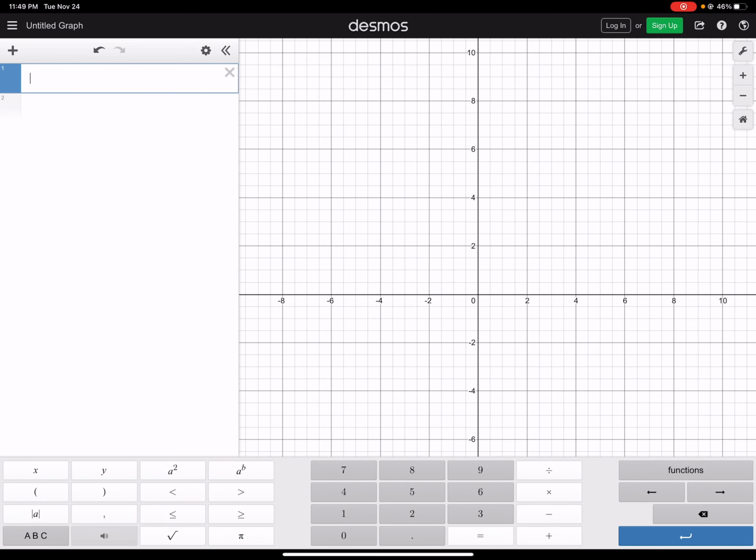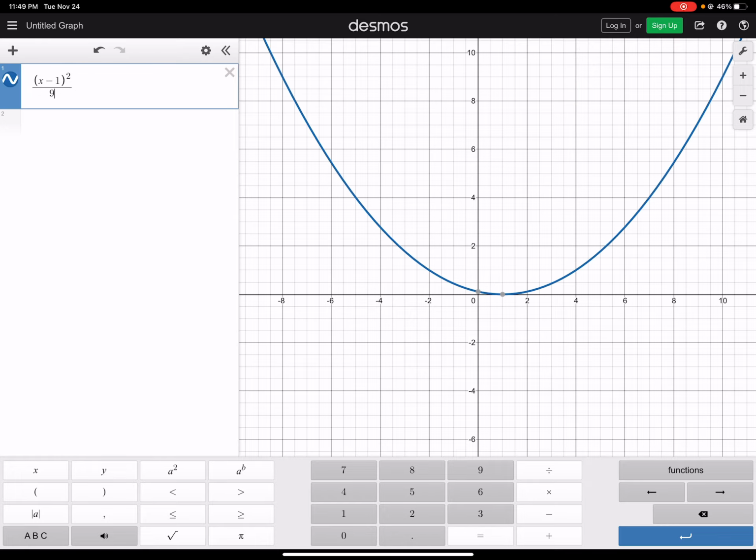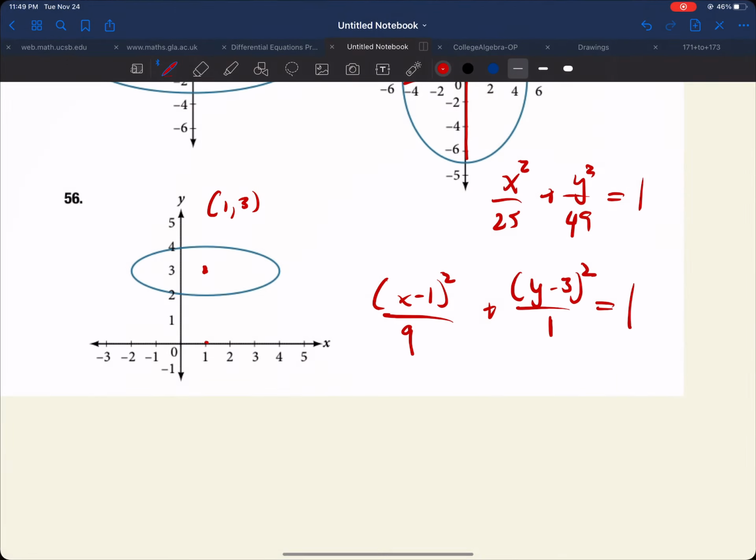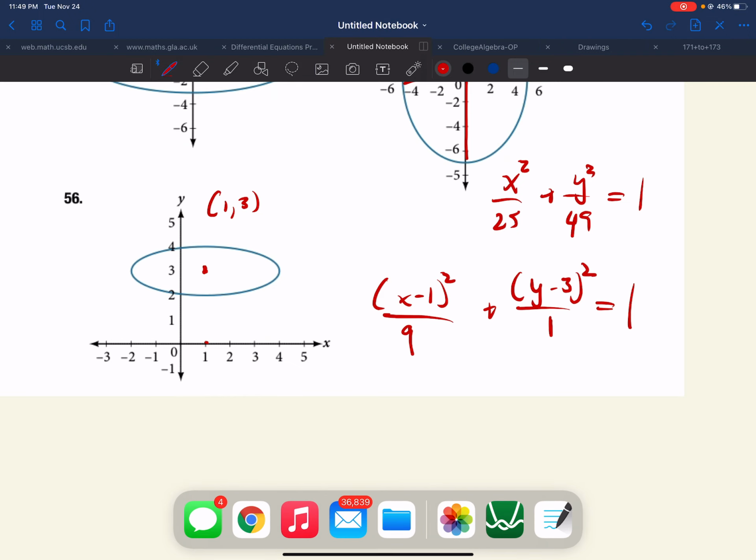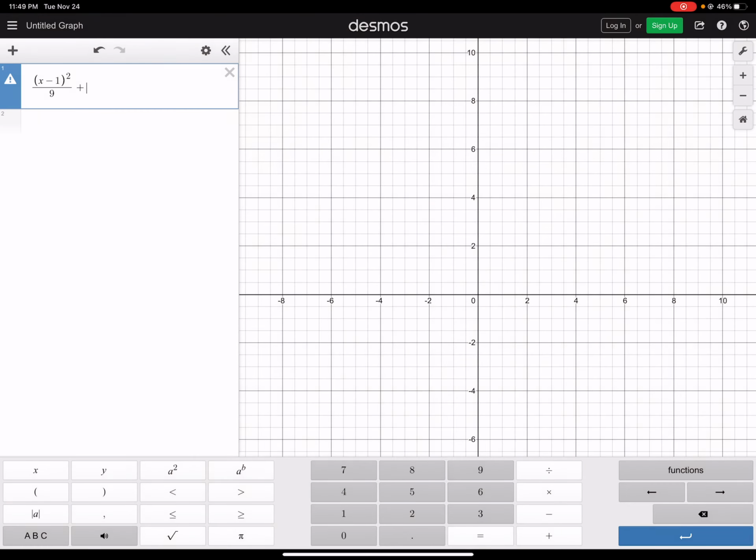So we have x minus 1 parentheses squared over 9 plus y minus 3 squared over 1. So we have parentheses y minus 3 parentheses squared over 1 equals 1. So there that is right there.